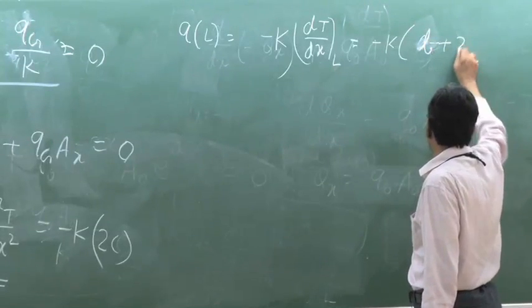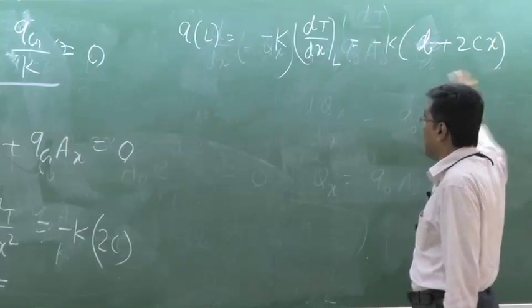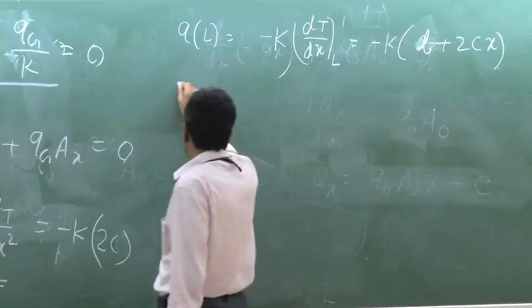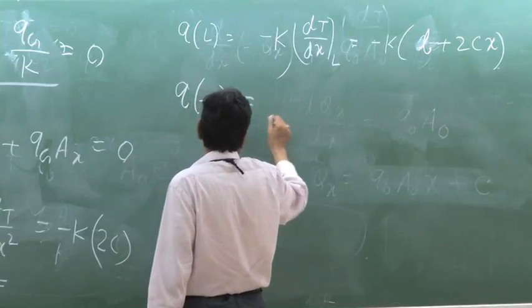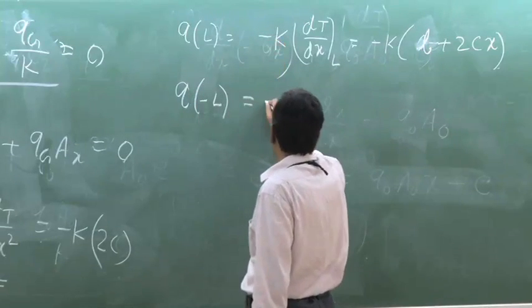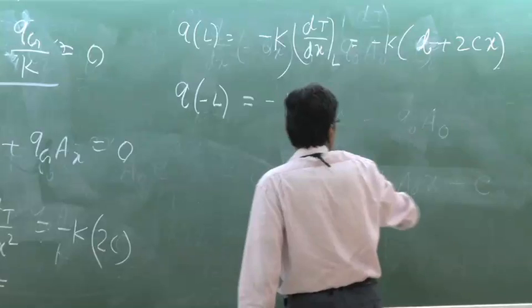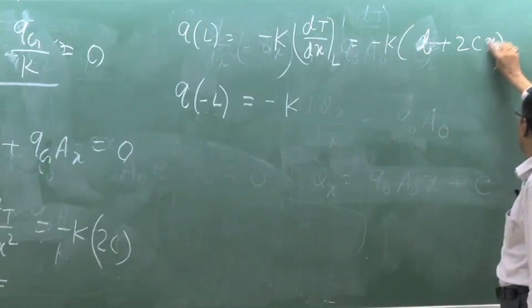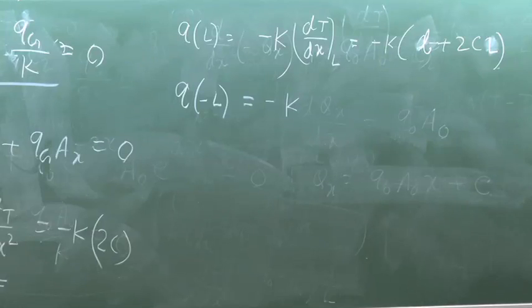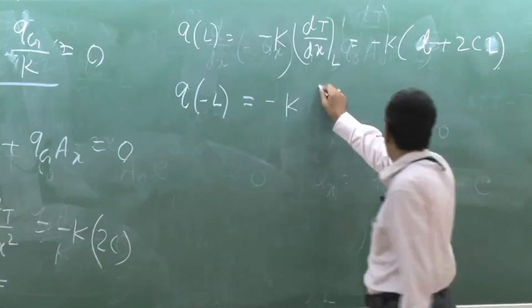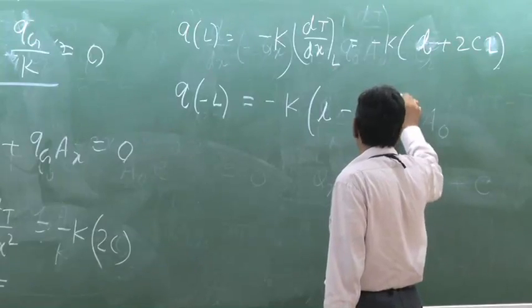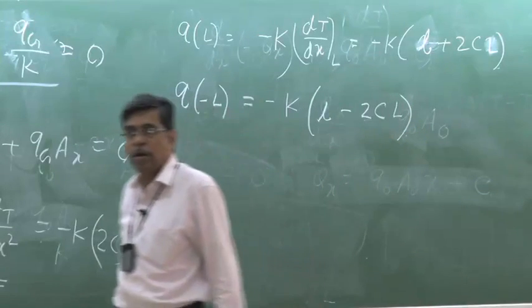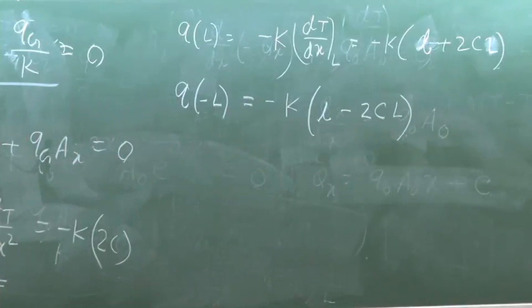B plus 2Cx. Similarly, you can find Q at minus L. Q at L is minus K times B plus 2CL, and Q at minus L is minus K times B minus 2CL, because x is plus L and x is minus L.